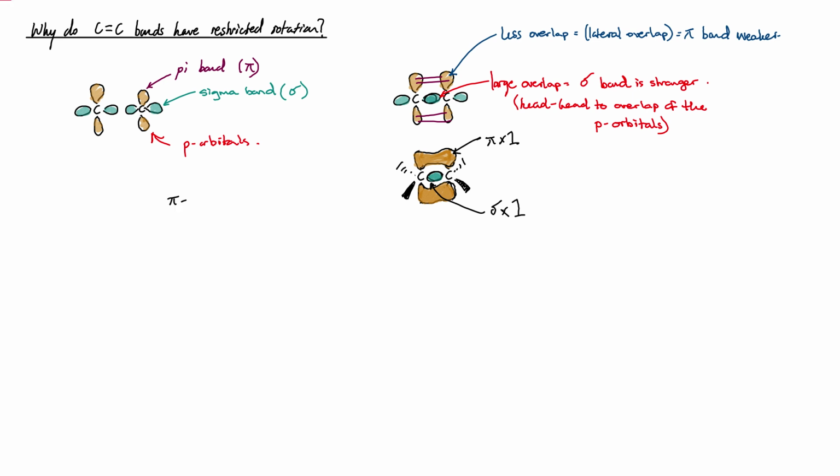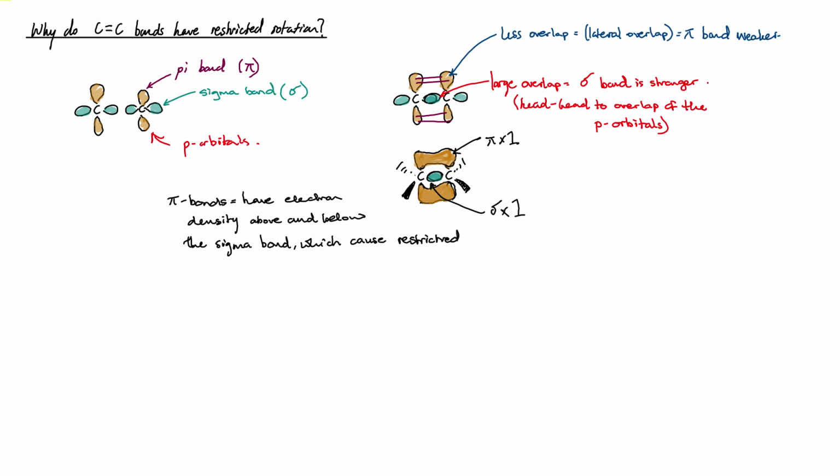So pi bonds have electron density above and below the sigma bond, which causes restricted rotation about the sigma bond.